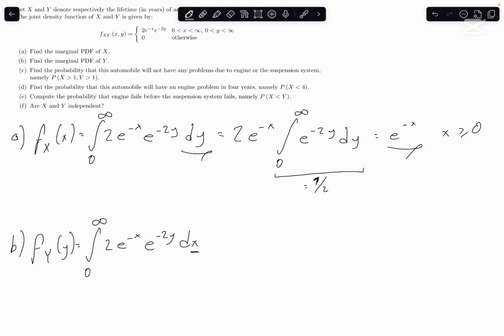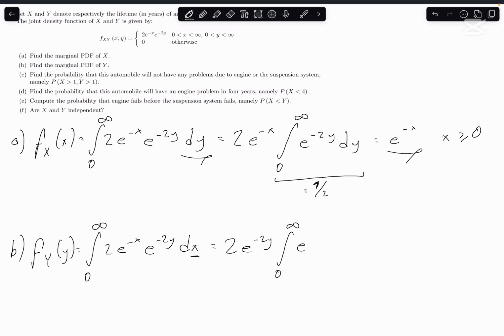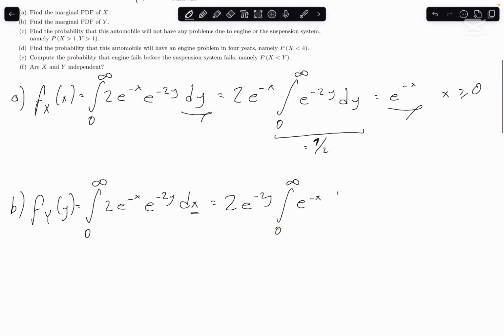We need to integrate over x. It equals 2 multiplied by e to the power of minus 2y times the integral from 0 to infinity of e to the minus x dx, and this part is equal to 1, and the answer is 2 multiplied by e to the power of minus 2y, for y greater than or equal to 0.